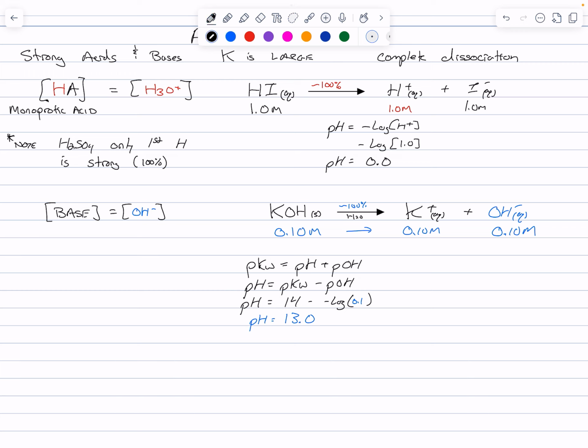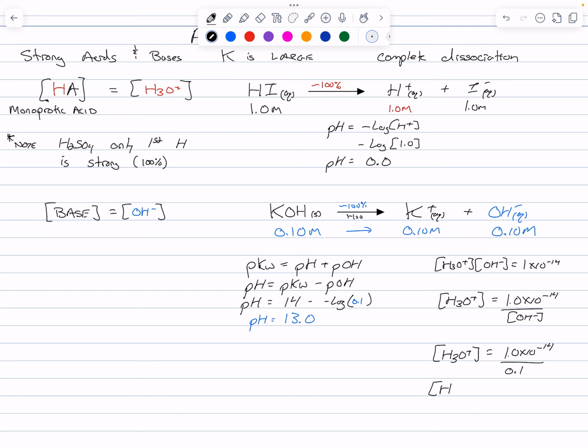The other way to do it is to know that H3O plus times OH minus equals 1 times 10 to the negative 14th. So the concentration of hydronium equals 1 times 10 to the negative 14th divided by our hydroxide. So our concentration of hydronium is 1.0 times 10 to the negative 14th divided by 0.1.